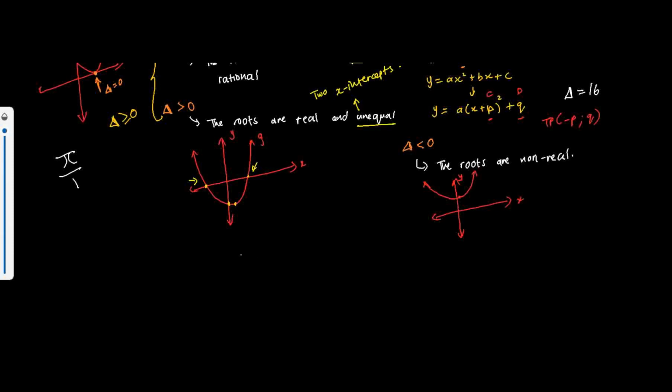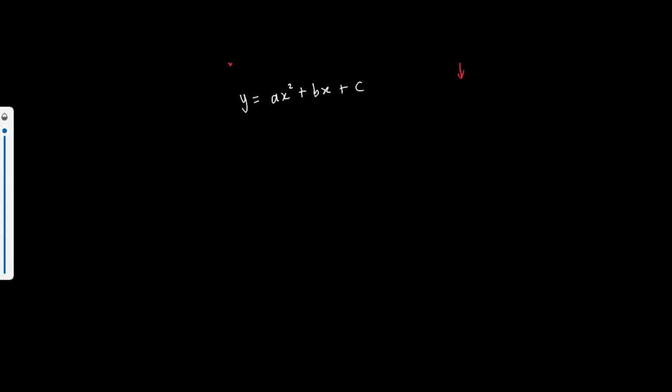When we look at the standard form of a quadratic, for example, y is equal to ax squared plus bx plus c, that's the standard form of a parabola. What do you notice about this c value? This c value is going to play a very important role in the exercises that we're about to do.